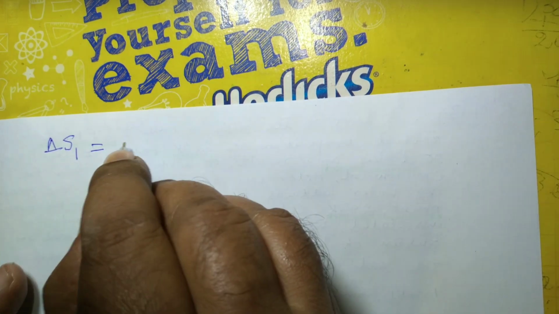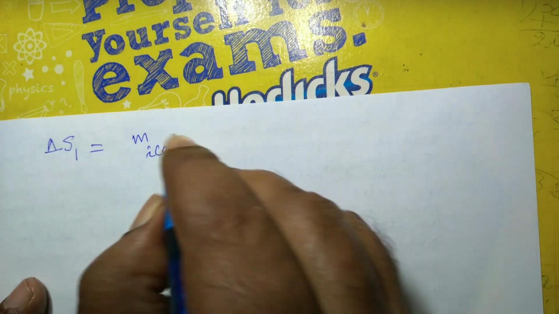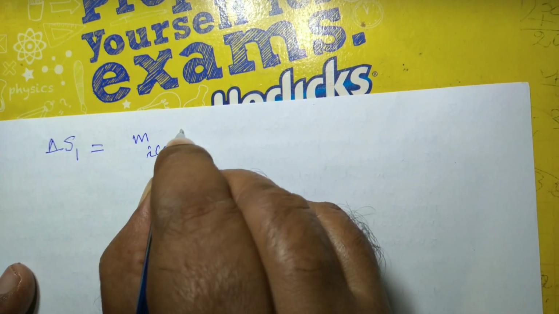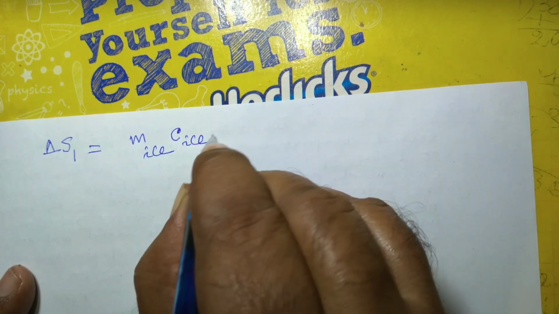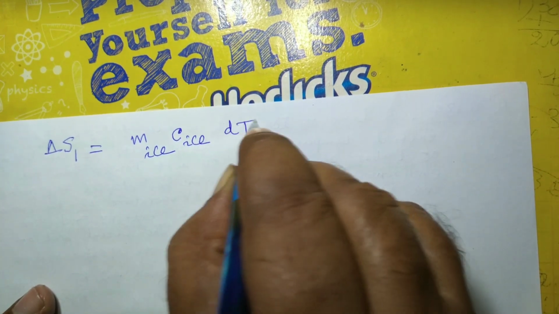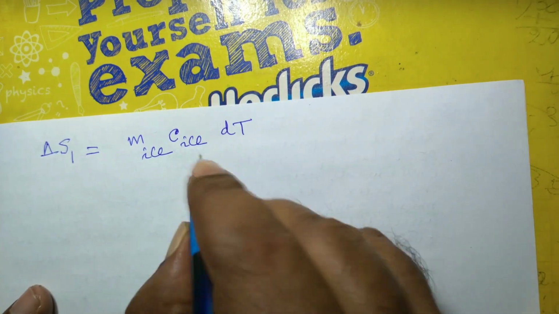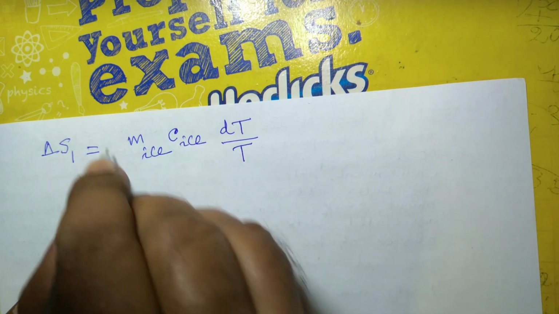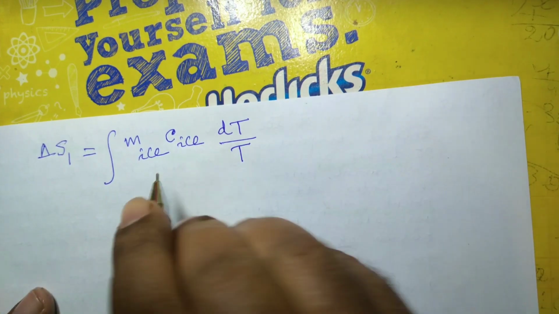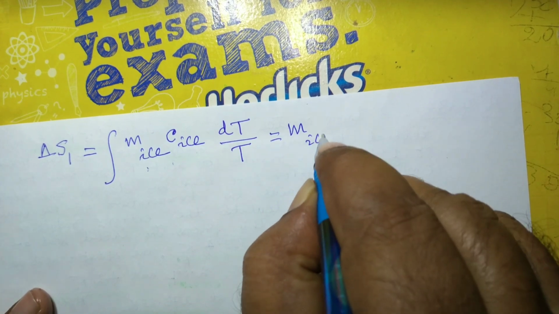Delta S1 is nothing but m of ice, because in stage one it is ice, m ice, specific heat of ice, dT. Delta S1 is nothing but integral of dQ by T, and that is mc dT upon T. Since these two terms are constant, they can be taken outside.